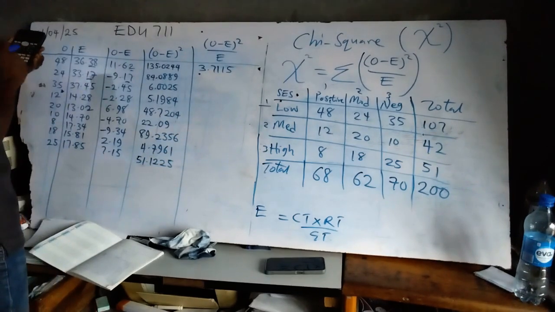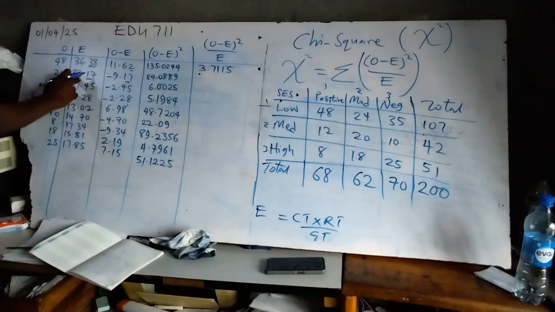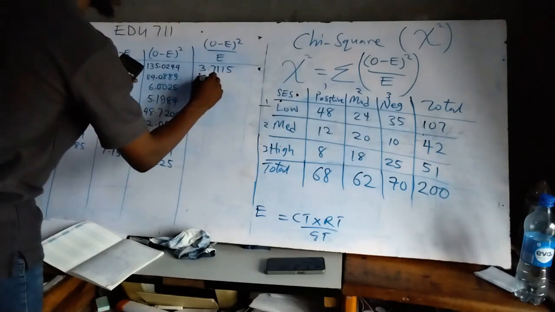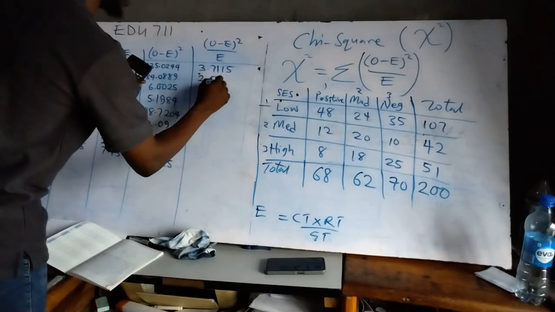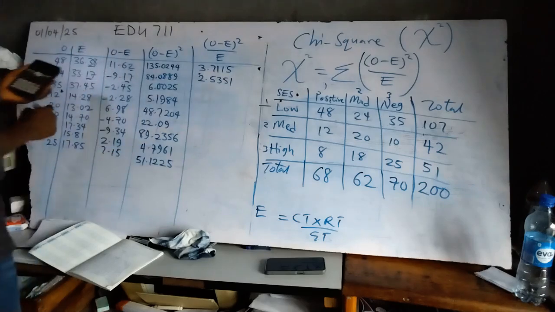Then 84.0889 divided by 33.17 is equal to 2.5351.